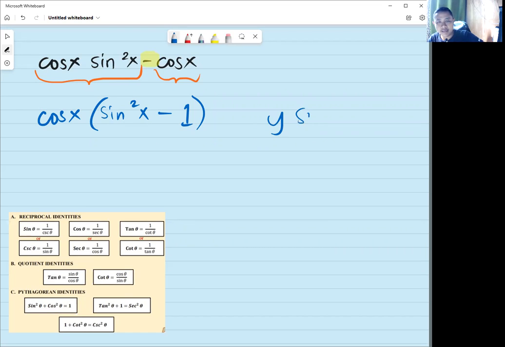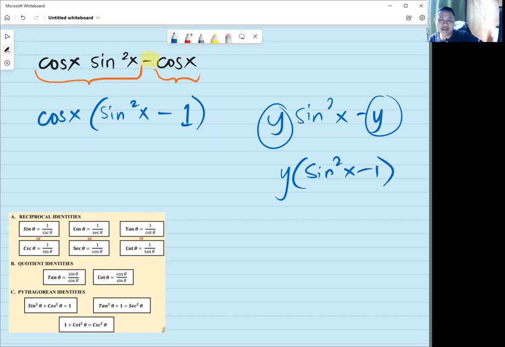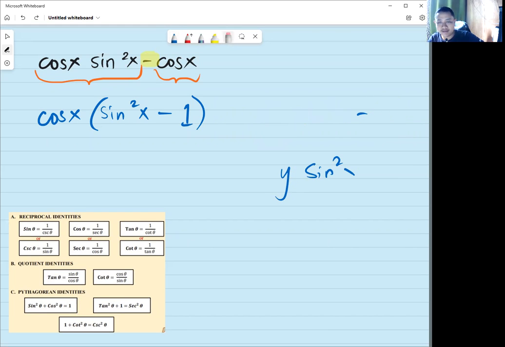Y, para lang siyang ganito, sine squared x minus y. Ayan. Common factor si y. So, y times sine squared x minus 1. Parang ganun yung feeling. Okay? If cosine is equal to y.